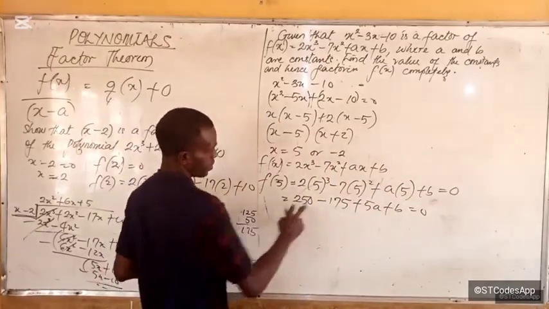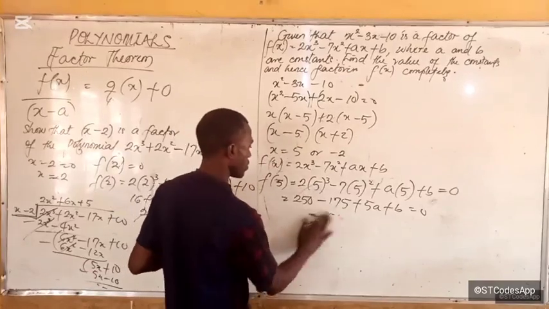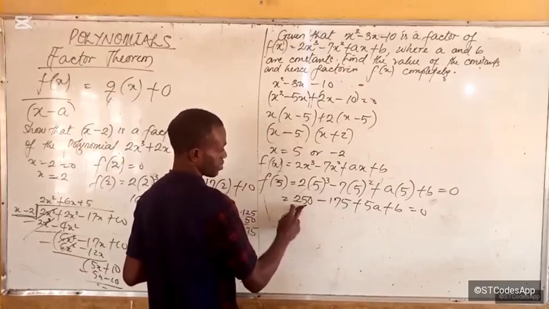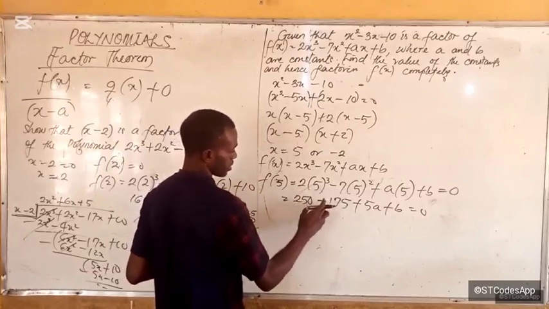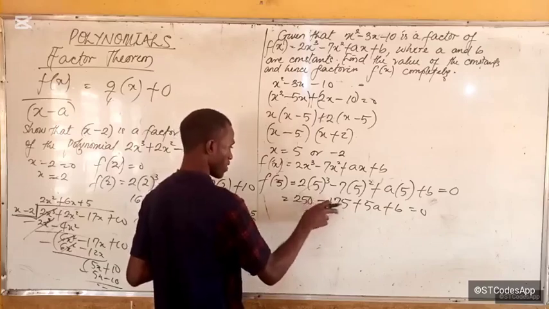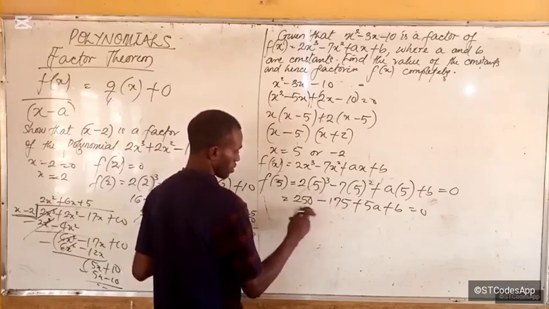Is that okay? So this minus this will give us 75.